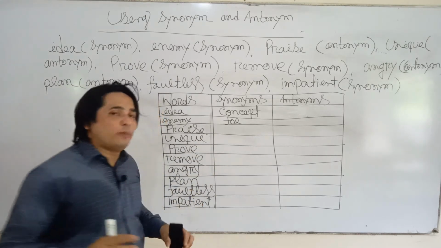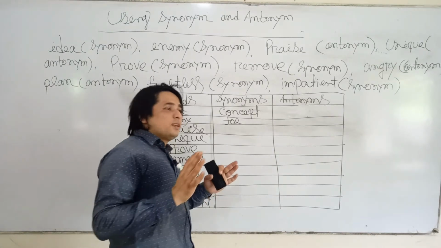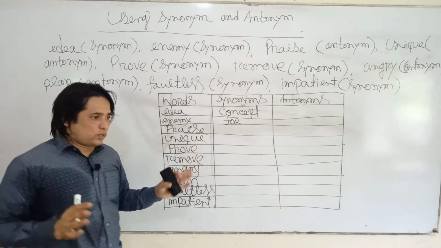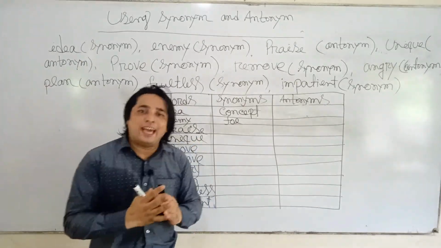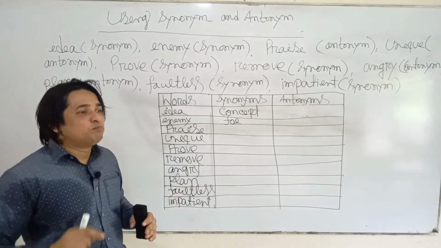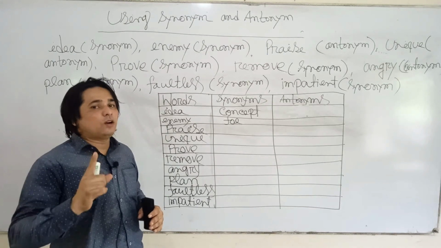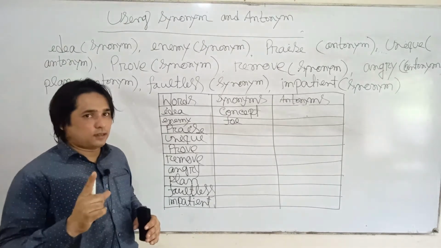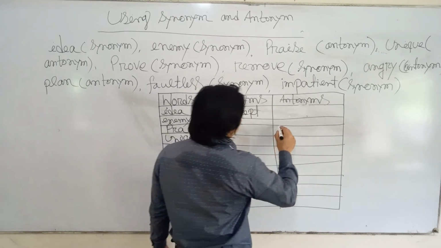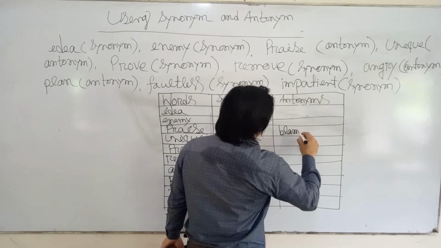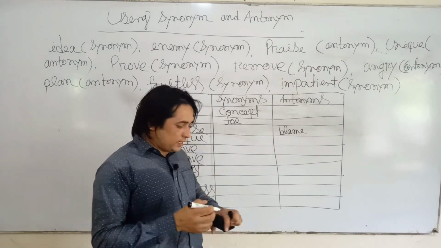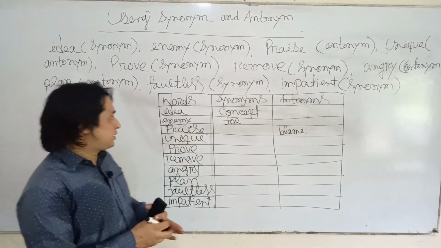There are so many synonyms and antonyms of English words. I mean, an English word may have more than one or several synonyms and antonyms, but you have to write down only one answer. Please, praise. Antonym will be blame, to blame somebody, to think somebody guilty, to consider somebody guilty.